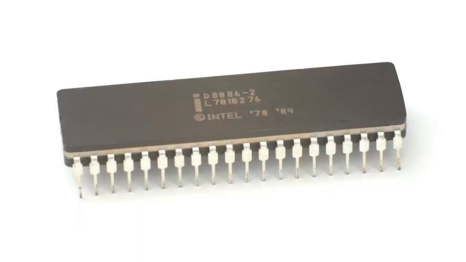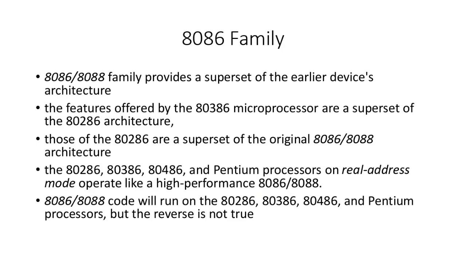Okay, look at here, this is an 8086 IC. You can see in the first line, 8086 microprocessor IC. It is the brain in the motherboard. And as I said, the 8086 or 8088 family provides a superset of the earlier devices' architecture.